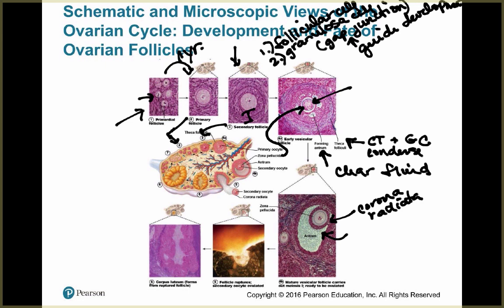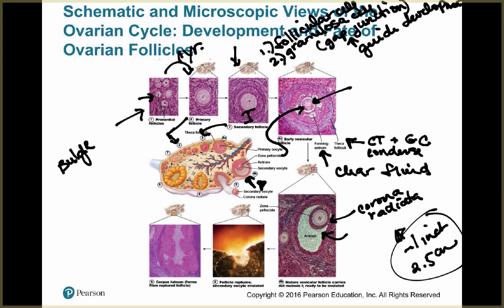Now, when the follicle is a size that's greater than about 1 inch or 2.5 centimeters, it bulges. And so that's when you'll start seeing this happen. And that's when it's ready to ovulate. You write this: bulge, ready to ovulate.